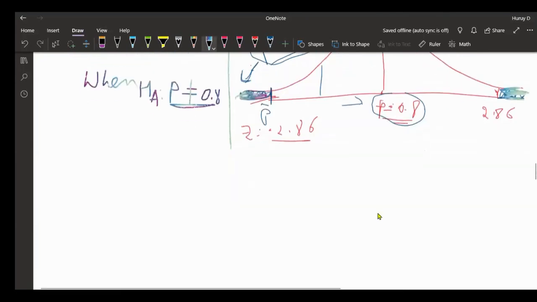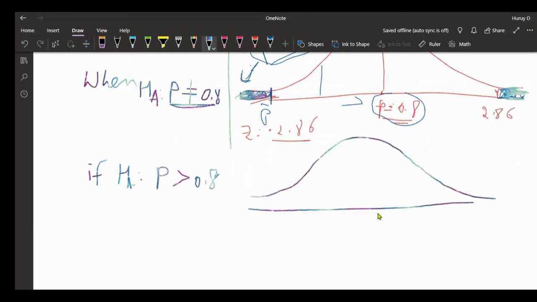If your alternative hypothesis, we're only talking about alternative, I don't care about the null hypothesis now. If HA was p greater than 0.8, for example, if this was our alternative hypothesis, then suppose this is the calculated z value.